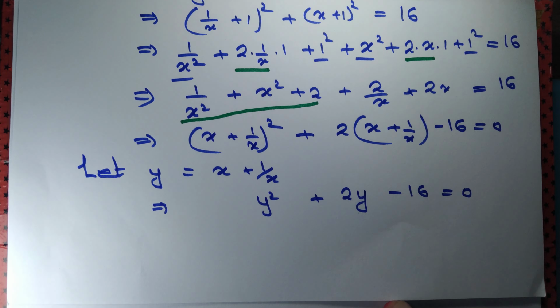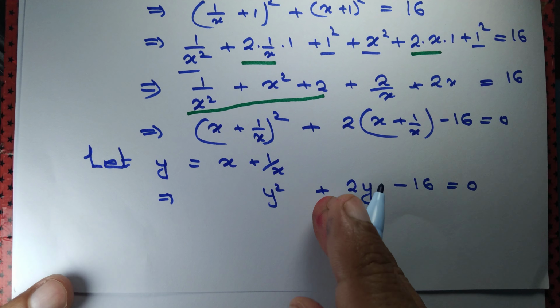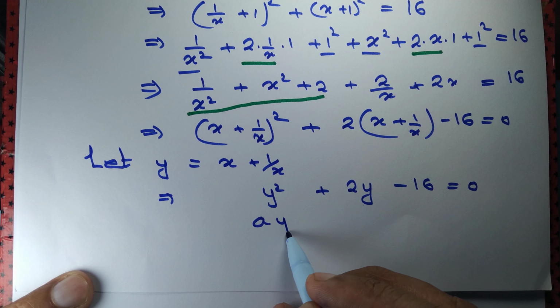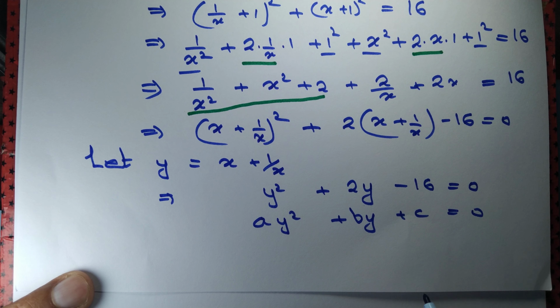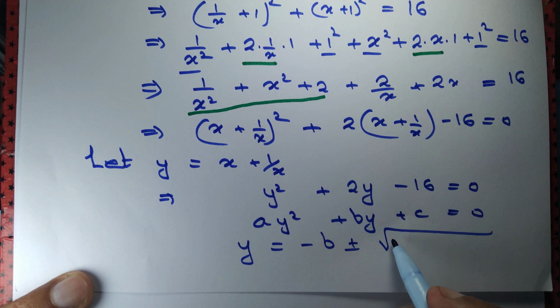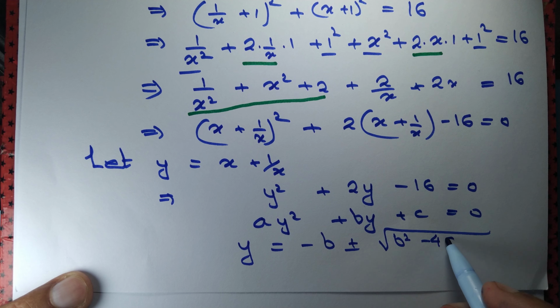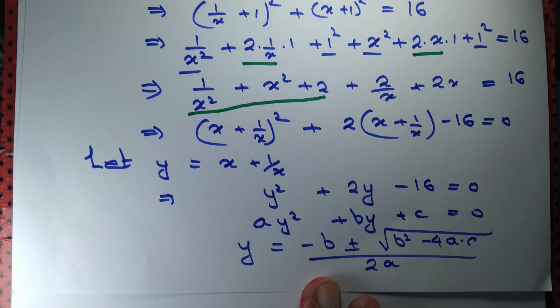That's a quadratic equation. Let's write the standard form of a quadratic equation: ay square plus by plus c equals 0. Roots are given by y equals minus b plus minus root over b square minus 4ac, divided by 2a.